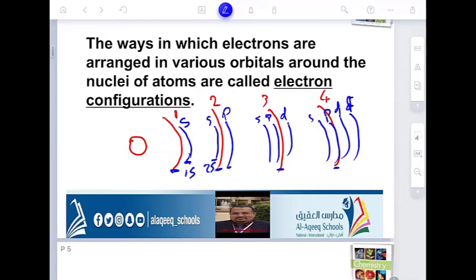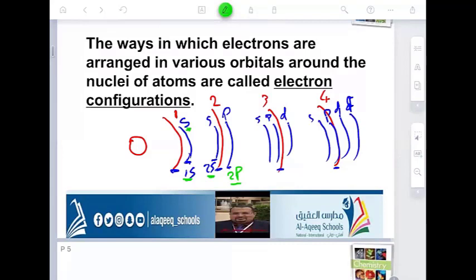Again, I will tell you again. Please listen and concentrate. Level 1 has a 1s sublevel or orbital, which has energy, and level 2 has another s, 2s, which has higher energy than 1s, and 2p has higher energy than 2s and 1s, higher and higher while moving.